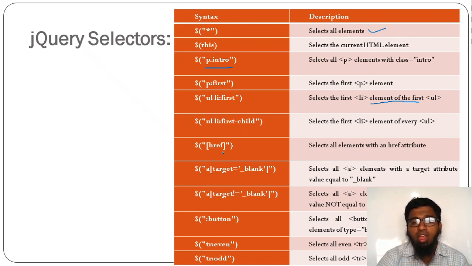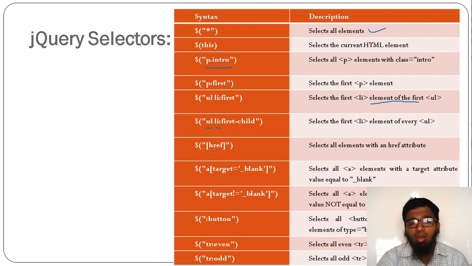Okay, so you can elaborate in sub-selectors also, like $("ul li:first-child"), the first child element of every ul, select the first li.